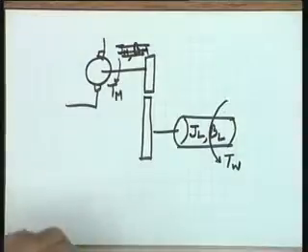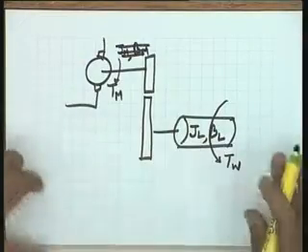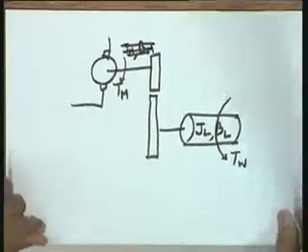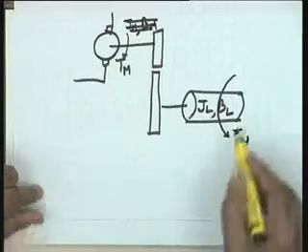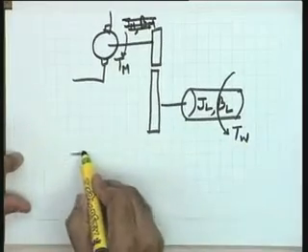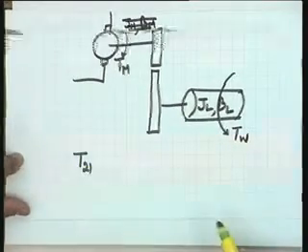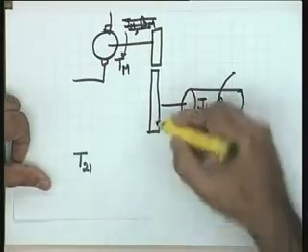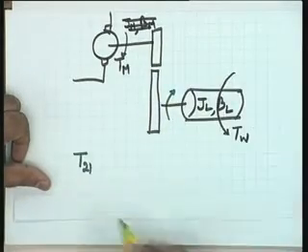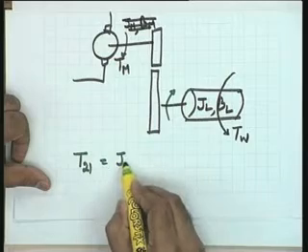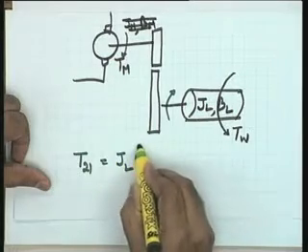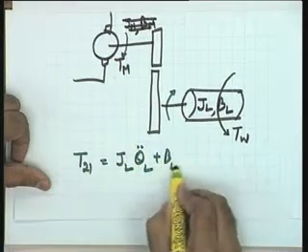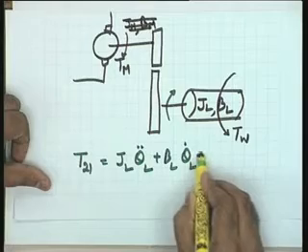I need your attention here, please. I am now setting up the equations. Please set up the equation for the secondary term. For the secondary gear and the load, T12 is the torque transmitted by the motor. This is equal to JL theta L double dot plus BL theta L dot plus TW.